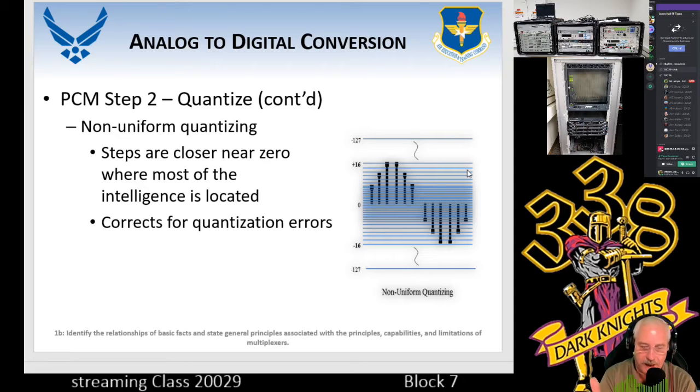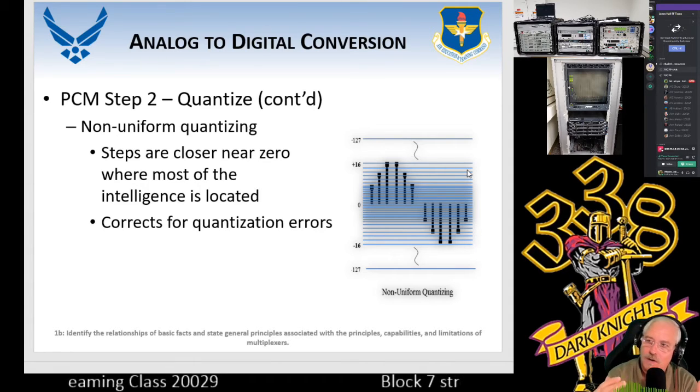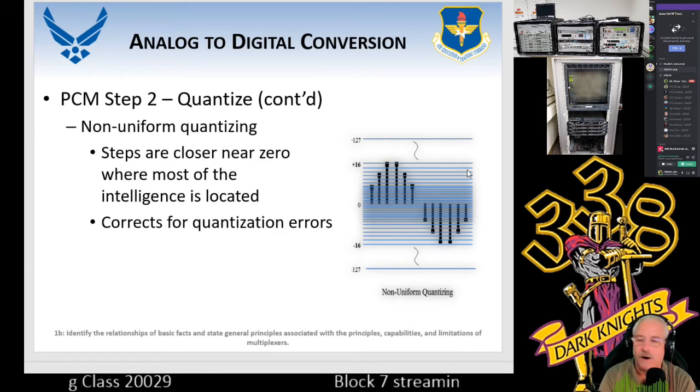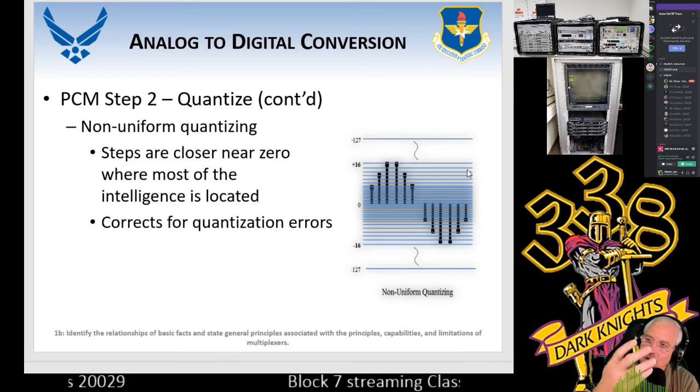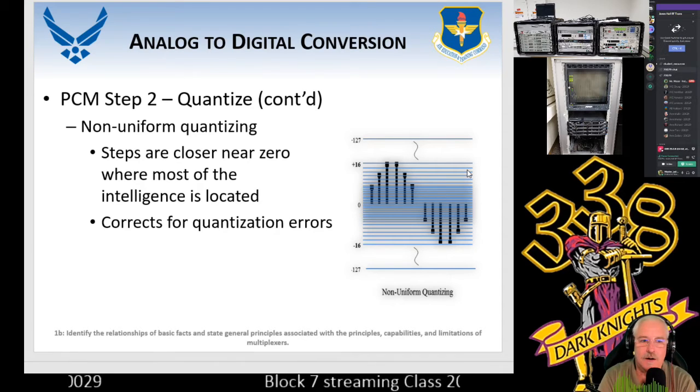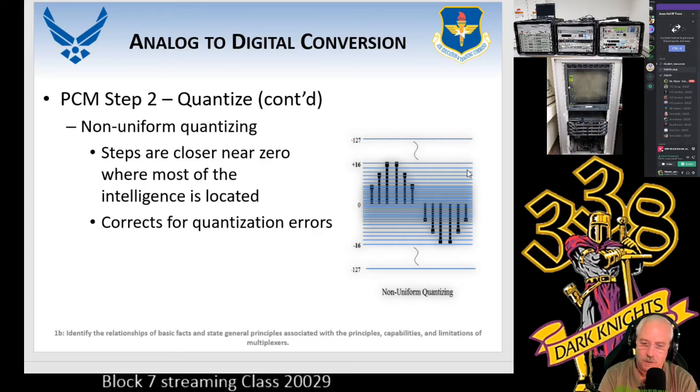What they looked at is said, you know what, the bulk of everybody's voice, we're talking masses here, where are they? Well, it's in the middle part. So what they did is they squashed all these lines down, still keeping them the 127 lines, and put them mostly where your human voice is going to be. So that helped out with the quantization errors.